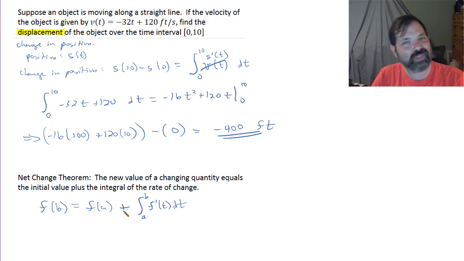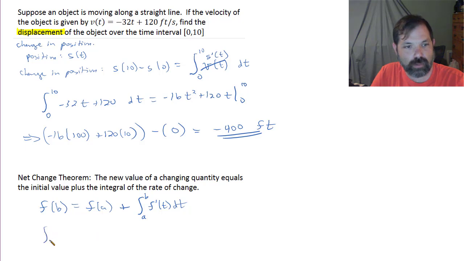So notice that this is really a restatement of the fundamental theorem of calculus, where the idea is that if we have a changing quantity, then the net change over the interval is just the integral of that quantity.